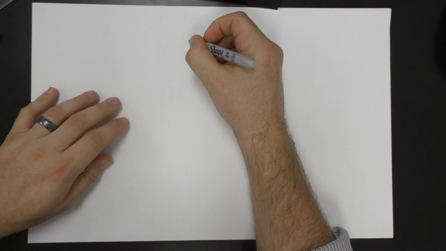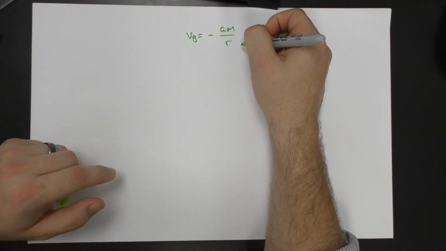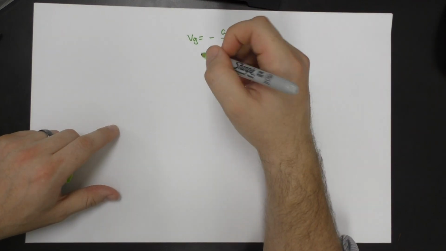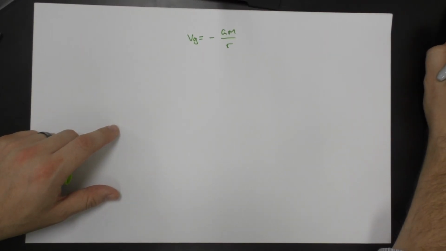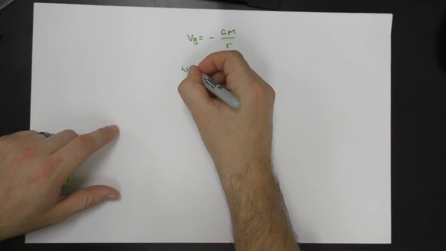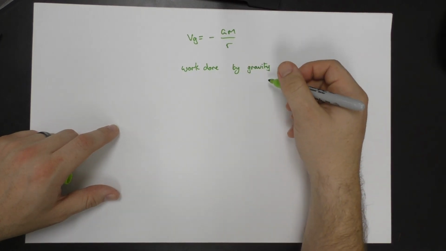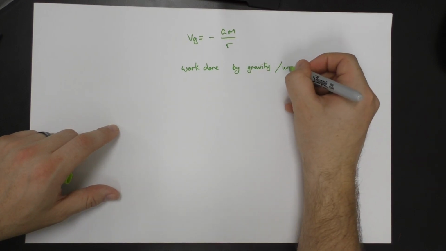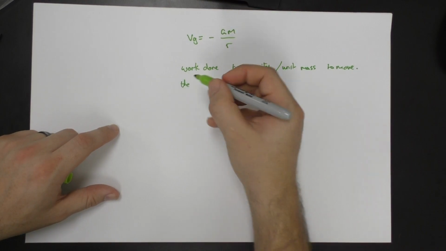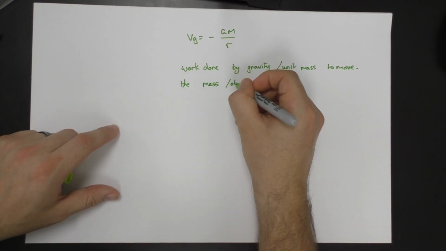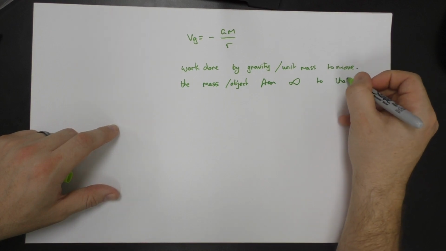We've got that potential equation, which is Vg is equal to negative Gm over R. Well, there are other equations for potential and actually work done, because we actually define gravitational potential as the work done by gravity, effectively per unit mass, work done by gravity per unit mass, to move the mass or object from infinity to that point.